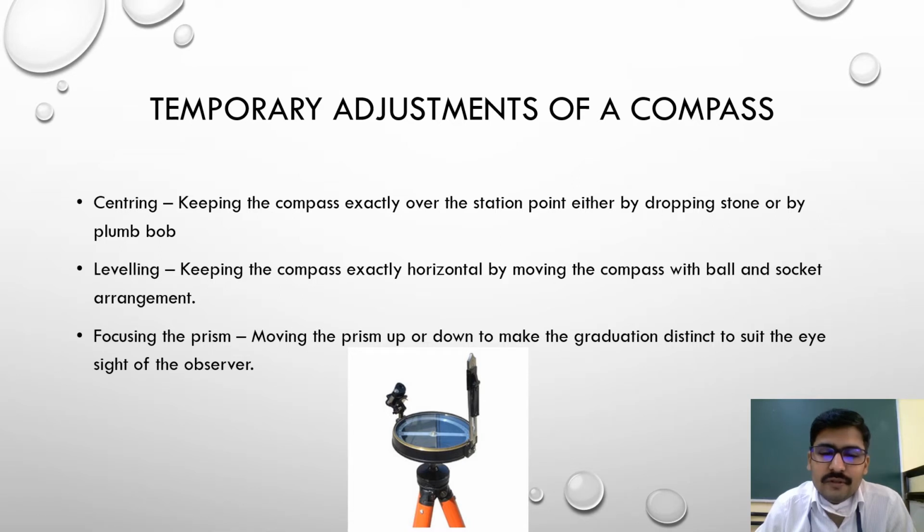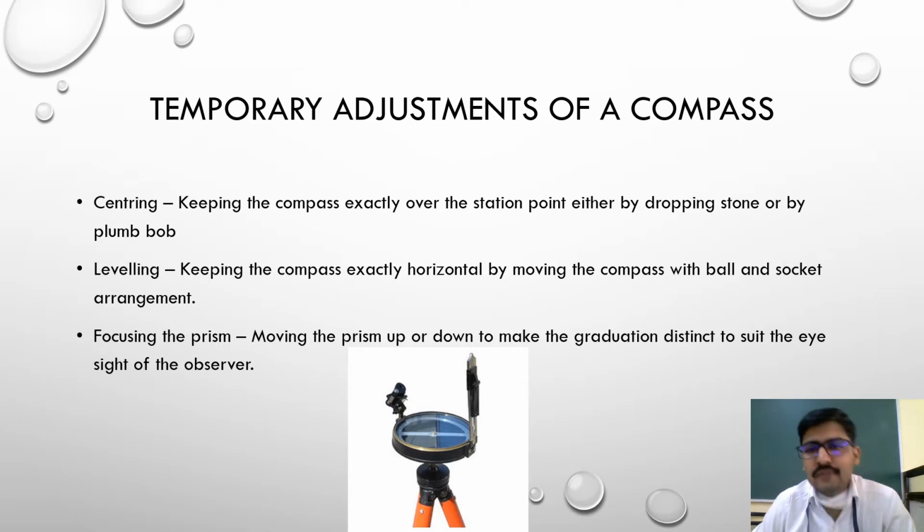For placing the compass over the tripod stand, you should use a plumb bob. By suspending a plumb bob at the bottom of the compass, you can mark the point where the bob is touching the ground.